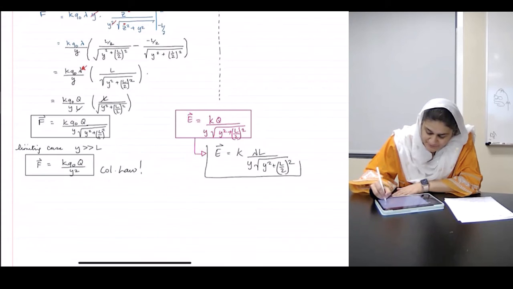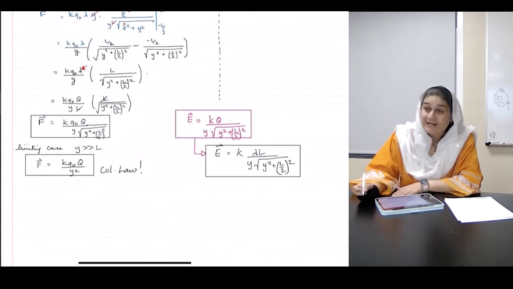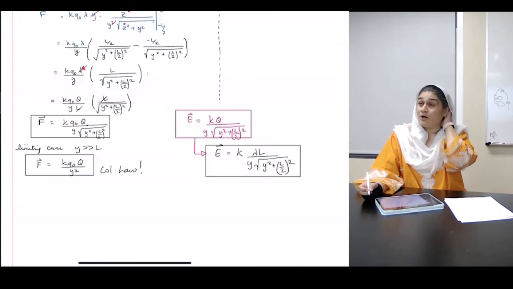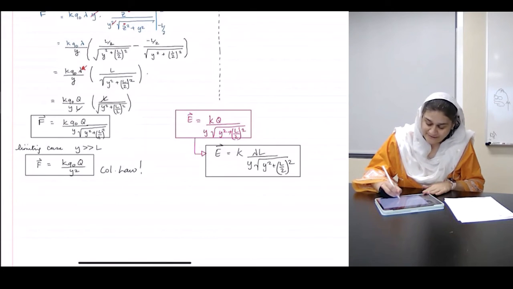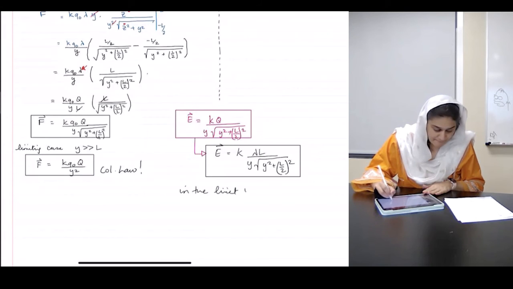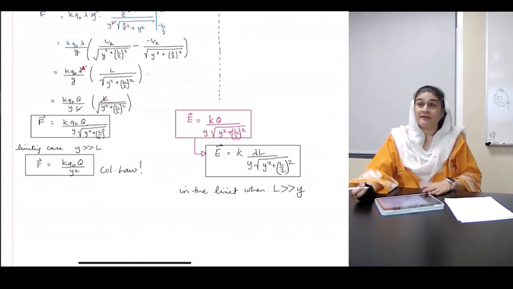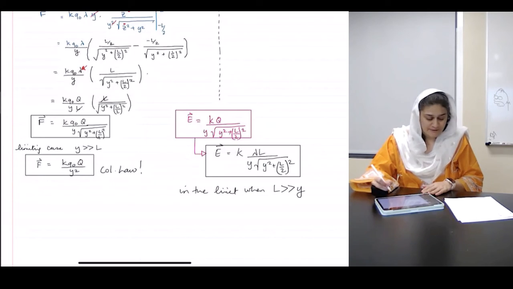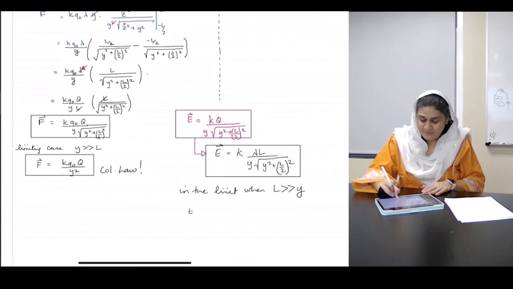And if you look at Griffiths, I believe he also shows you that in the limit, when L is much, much larger than y, almost an infinite line, he says Ey will be written as lambda over 2 pi epsilon naught y.